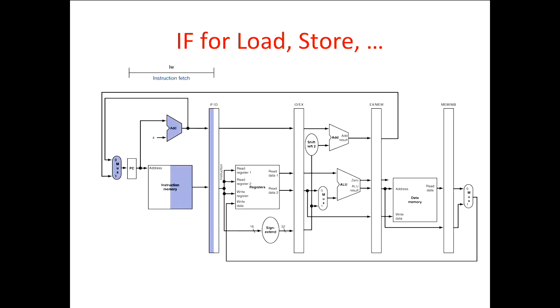So for a load or store, let's say, this is what happens in instruction fetch. We take the PC value, we read the instruction memory. So one thing, the convention in this diagram is when you read from a memory or register file, you color the front of it like this, or the right-hand side. So reading from instruction memory, and we capture it in this register at the boundary. At the same time, in that same instruction fetch phase, we update the program counter.